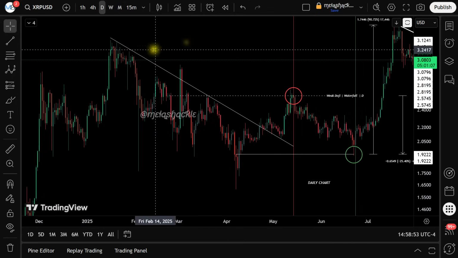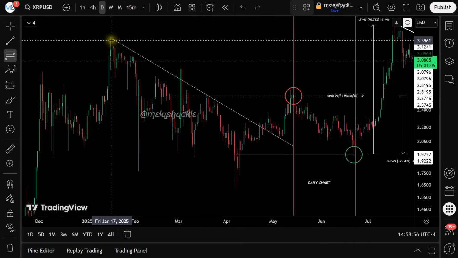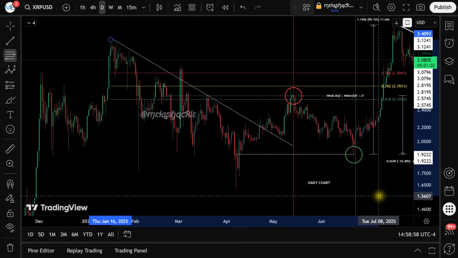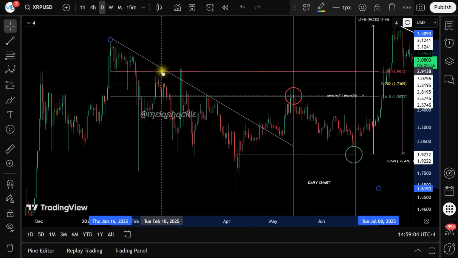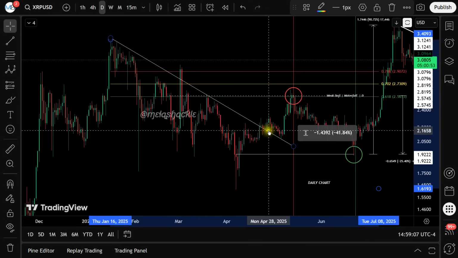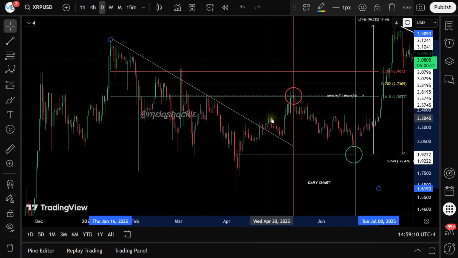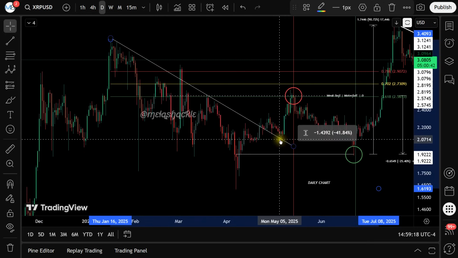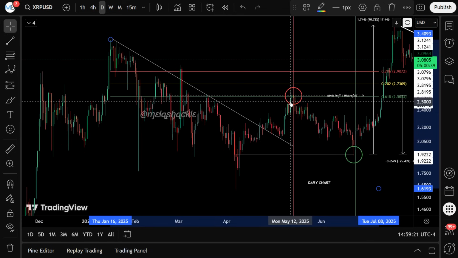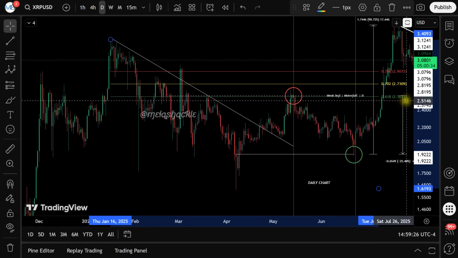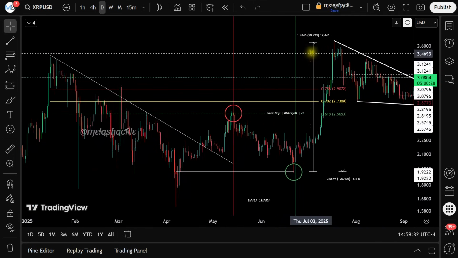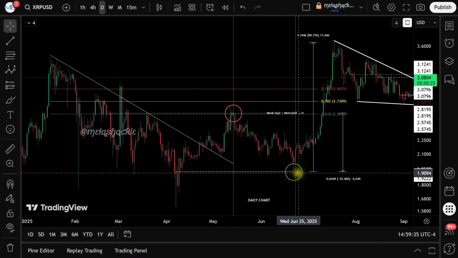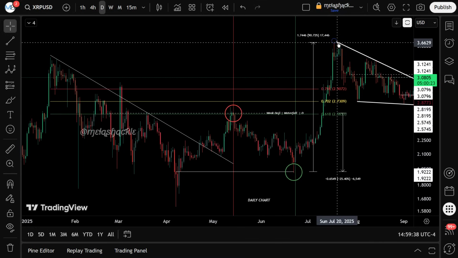If we take a look at this pattern and we pull a fib level from the pattern high all the way down here to the pattern low, you'll notice that when price was in a similar situation on this pattern, breaking out of the upper trend line, moving to the upside, it ended up retesting the upper trend line, then continuing to break out to the upside. But in doing so, it stalled out right in the area of the 618 before reversing down to setting the low, then going on to make a 90% increase from that low to the new all-time high that it set right here.